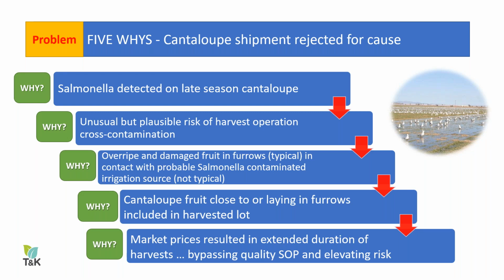Well, as one might expect, market prices and demand resulted in extended duration of harvest, and these cantaloupe fields are harvested multiple times as a normal process, and there was a decision to bypass the normal quality SOPs, which then elevated the risk.